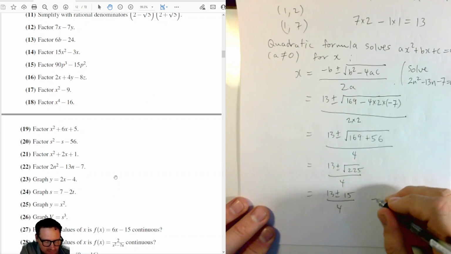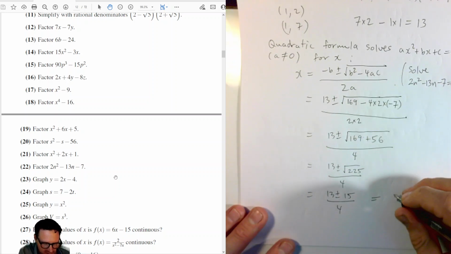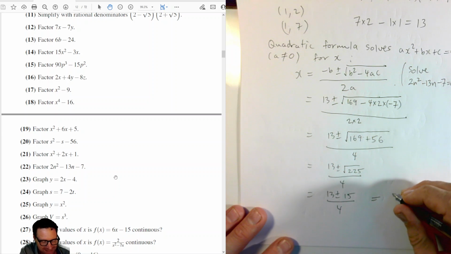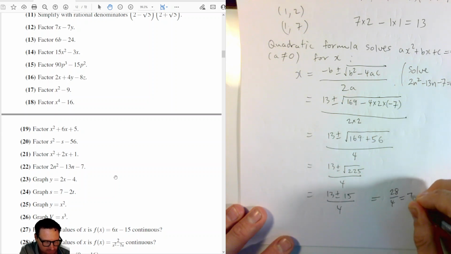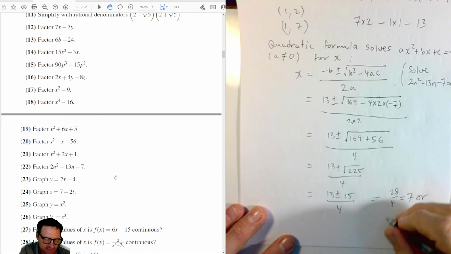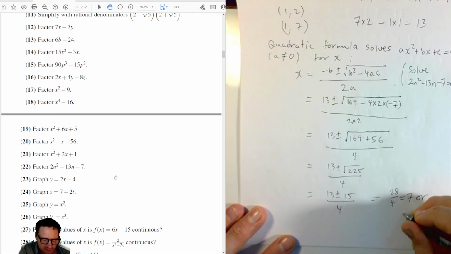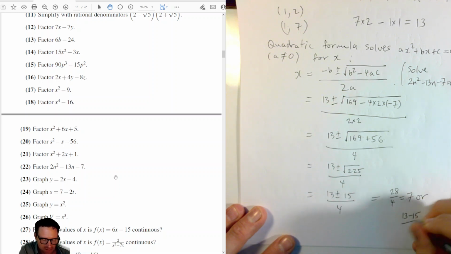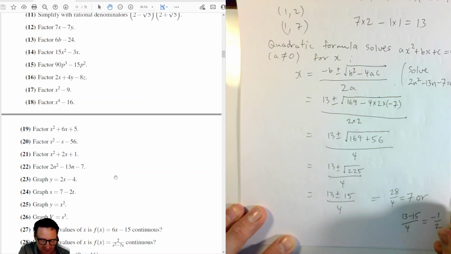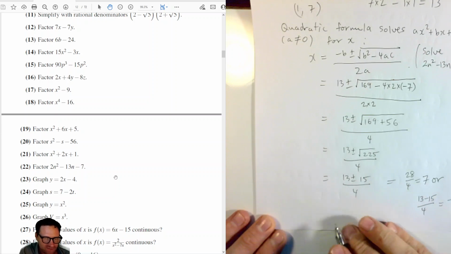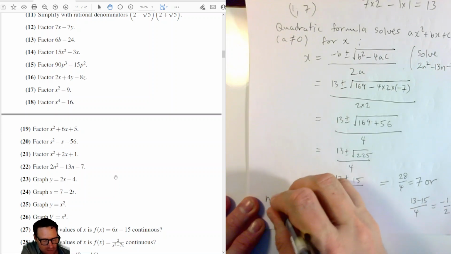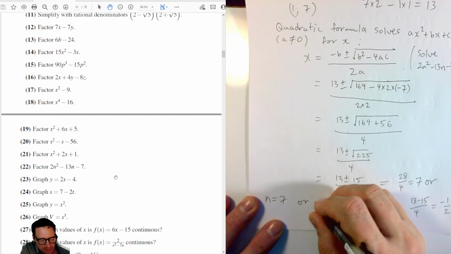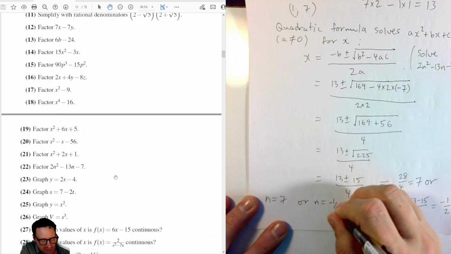And we get 13 plus 15 is 28. So 28 over 4 is 7. Or in the other case, 13 minus 15 all over 4 is minus 2 over 4, or minus a half. Okay, so what we found is n equals 7 or n equals minus 1/2.